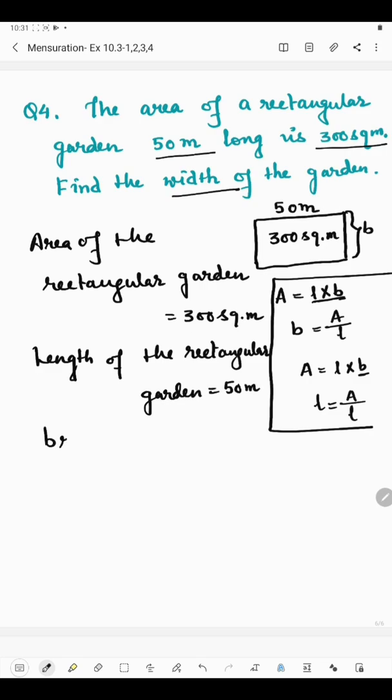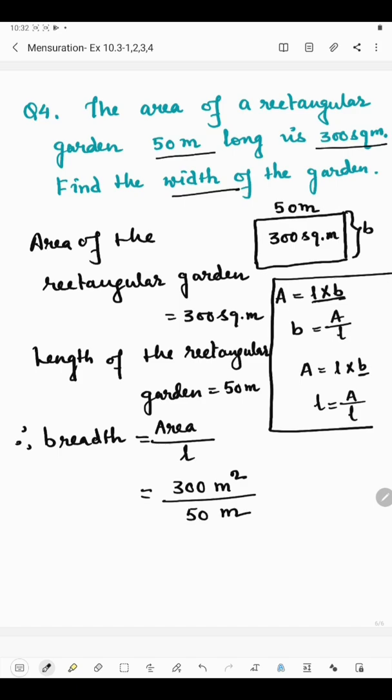So the breadth of the rectangular garden will be area of the rectangle divided by length of the rectangle. So area is given 300 square meter, and length is given 50 meter. Now we will divide these two to get the breadth.